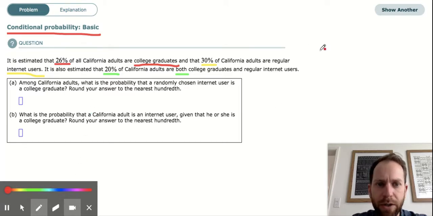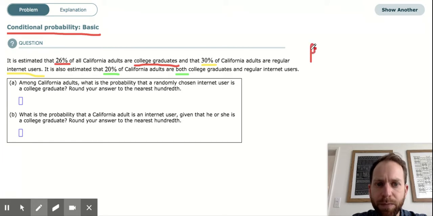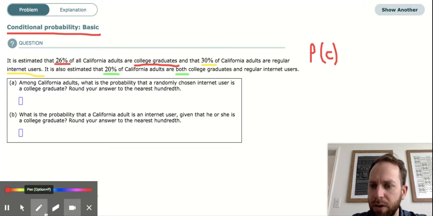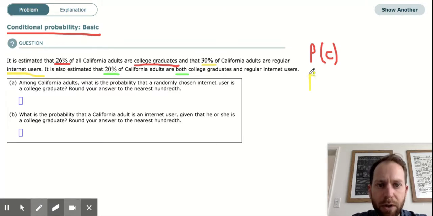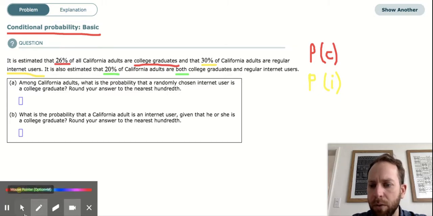So the red one is the probability that someone is a college graduate. So let's call that the P of C. All right, 30% of California adults are regular internet users. Let's call that the probability of I, because internet, right? And lastly, 20% are both, right?